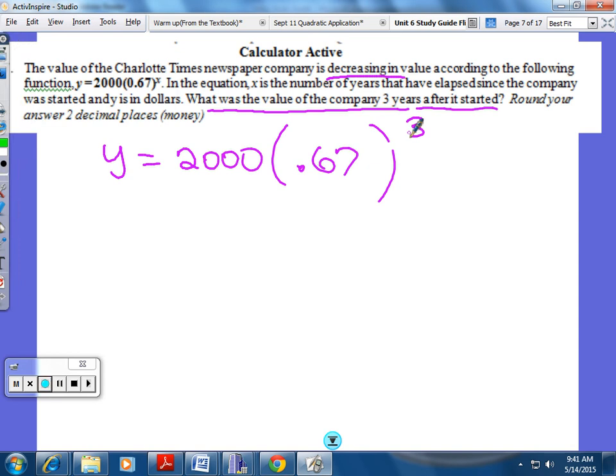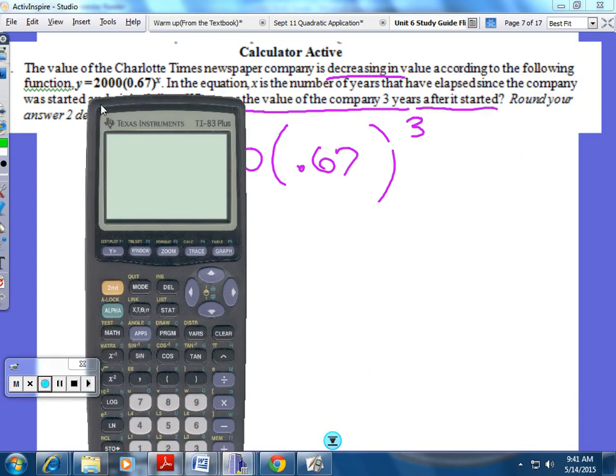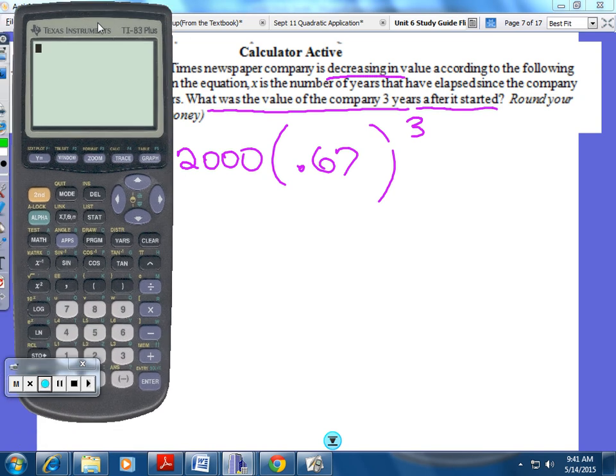Now this part is calculator active, so we could just put this in our calculator. We pull up our calculator, and all we do is plug it in just the way it looks. 2000, parentheses 0.67 close parentheses, and then you hit the caret button.